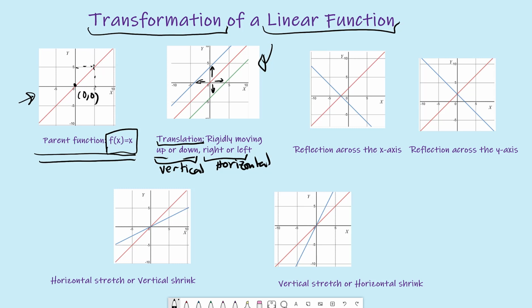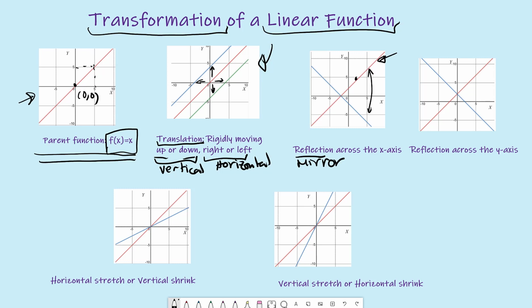We can also have something called a reflection. When we reflect, we're looking at one of the axes and mirroring the graph of the linear function across that axis. So for instance here, we are mirroring this red line across the x-axis.